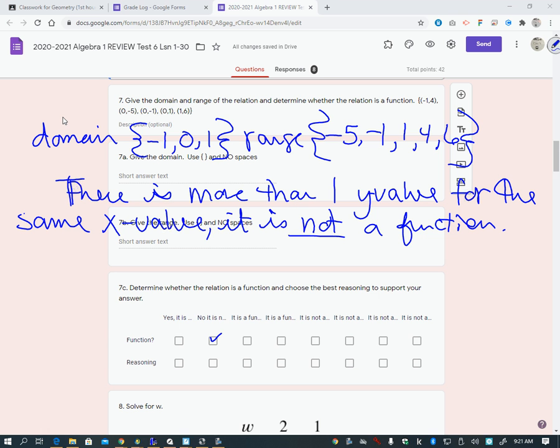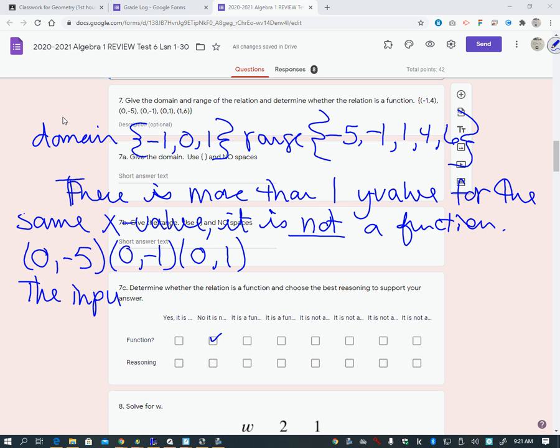And I would point to 0, -5, 0, -1, 0, 1, and say the input 0 has 3 different outputs. Does that reasoning make sense? It's not always going to be 0 that's a problem, but in this particular question it is.